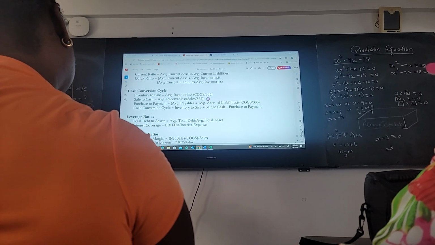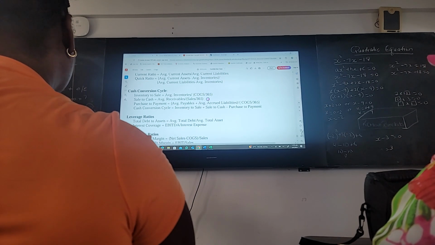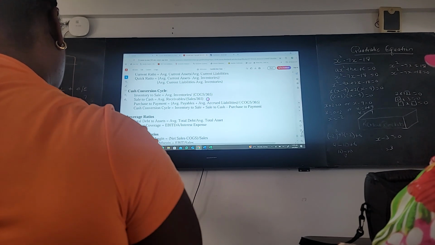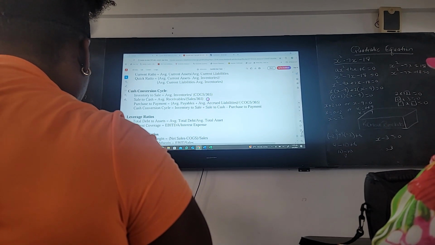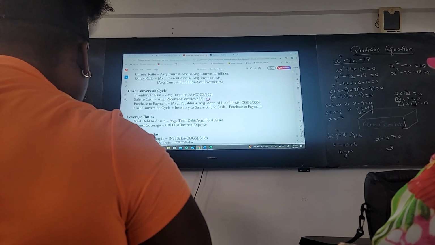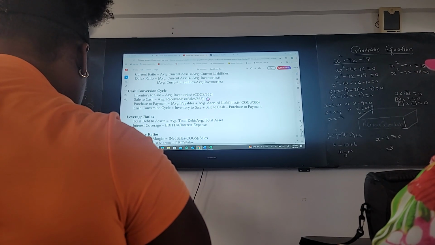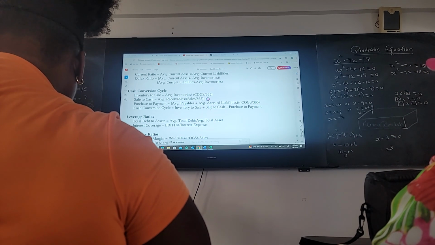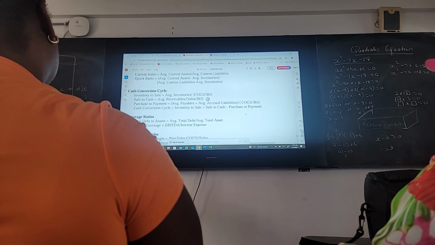So you can think of these as a period of time when you are out of cash in your business. You've put out cash to get inventory, and some of that inventory has been sold on credit, so you haven't collected the cash yet. And then purchase to payment. Some of the stuff that you buy on credit helps you to save cash. So your cash conversion cycle is inventory to sale plus sale to cash minus purchase to payment.